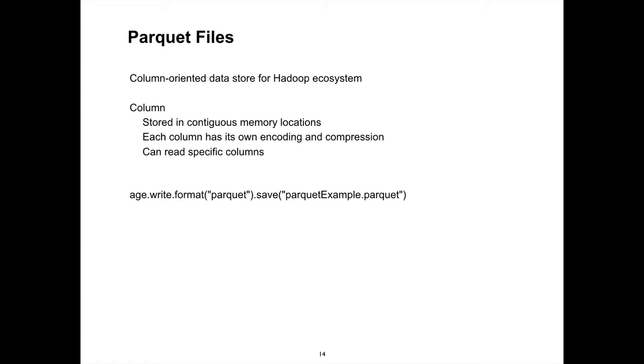There's another one, I think it's ORC, that does similar things, and they have different performance characteristics, and people argue over which one's better or not. But there are multiple different file formats we can use to compress things to make them smaller and more efficient to read and write.